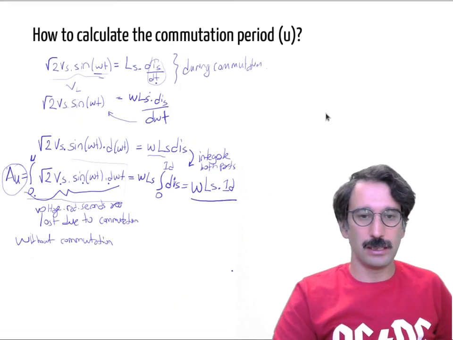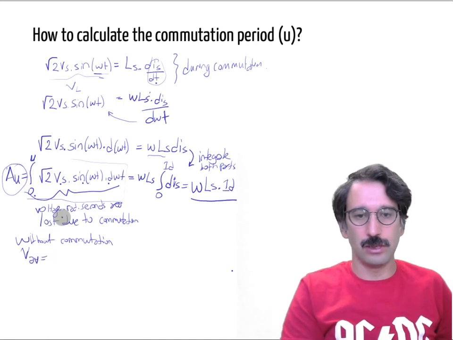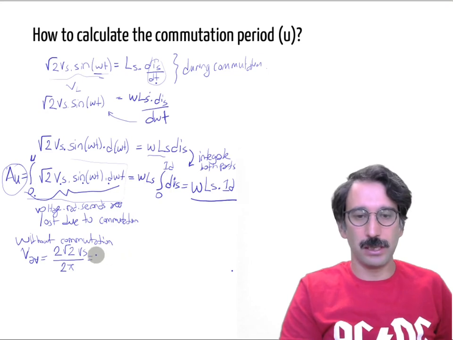So basically we had the average voltage equal to 2 square root 2 Vs RMS, but I have only one of those areas, 2 over 2π area. So this is square root 2 divided by π times Vs, so this is 0.45 Vs.